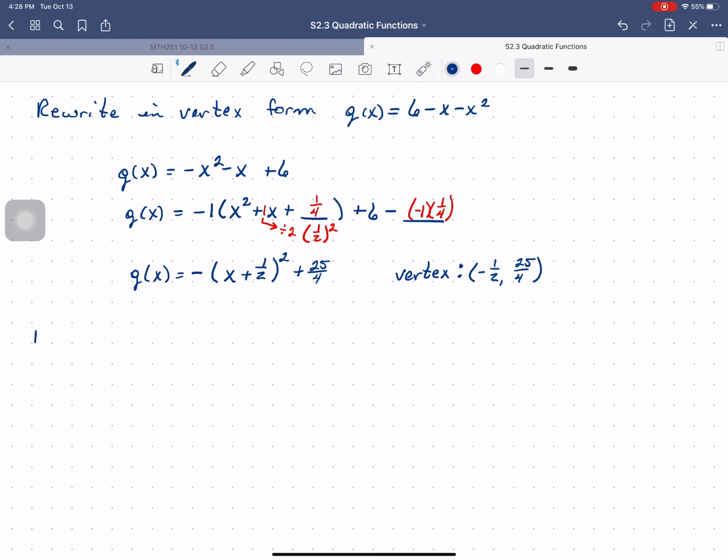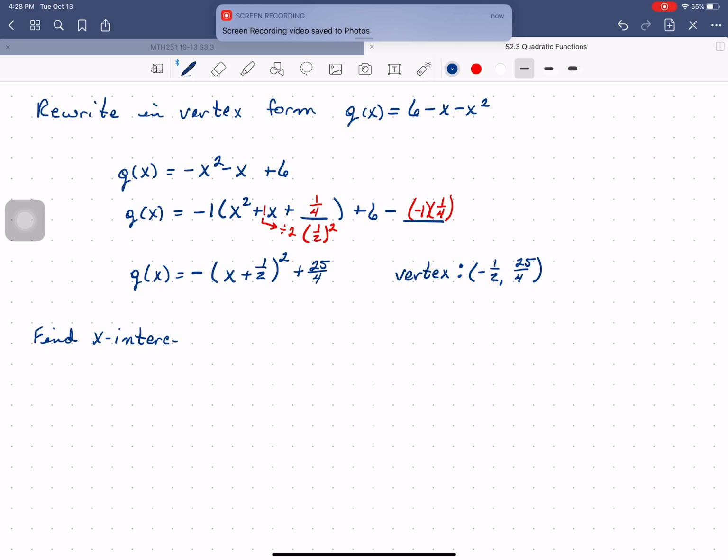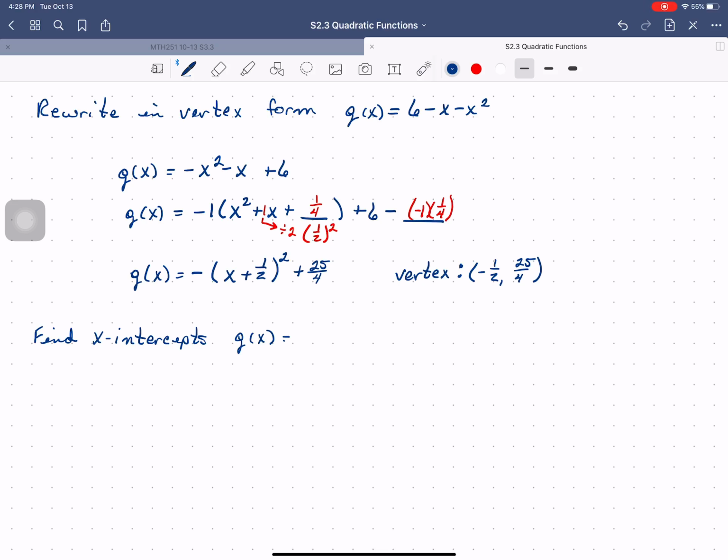Okay, so let's find the x-intercepts for g of x equals 6 minus x squared.